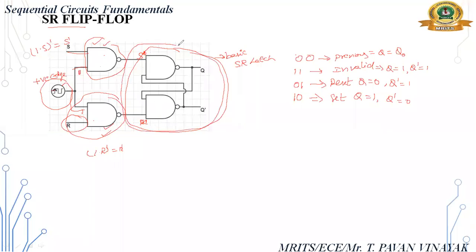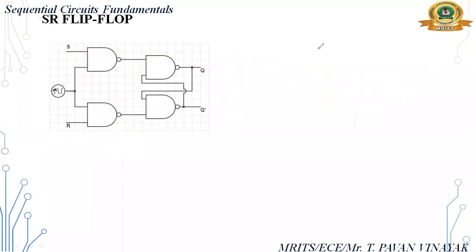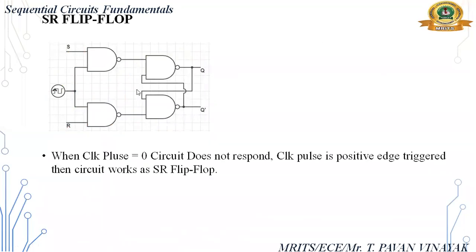So this is the basic latch. The working is the same as the SR latch. When the clock pulse is 0, you didn't give any clock pulse, and the circuit doesn't respond. Doesn't respond means the output will be the previous state.